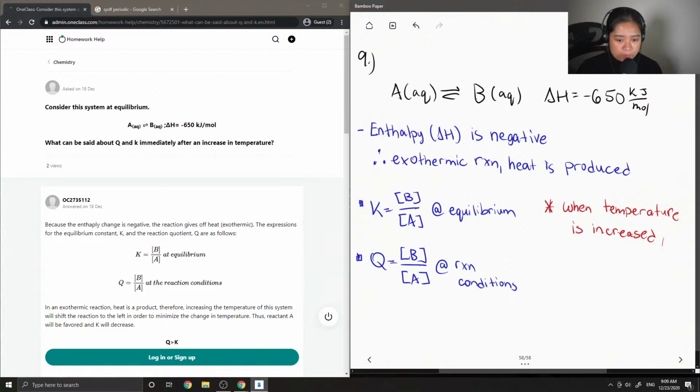So that's the same thing as saying that we are adding more product, since heat is a product of this reaction. So therefore, the reaction will shift to the left.